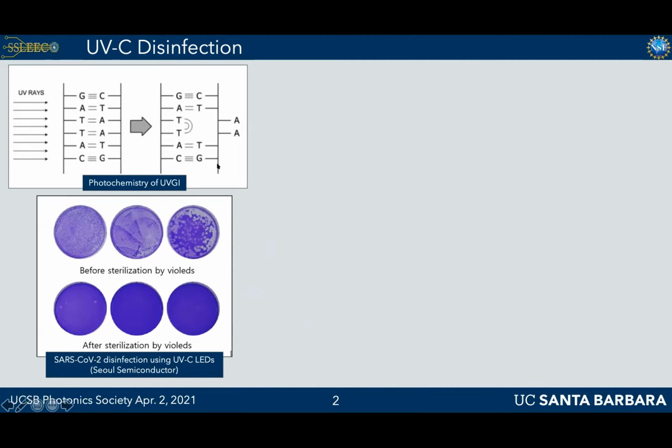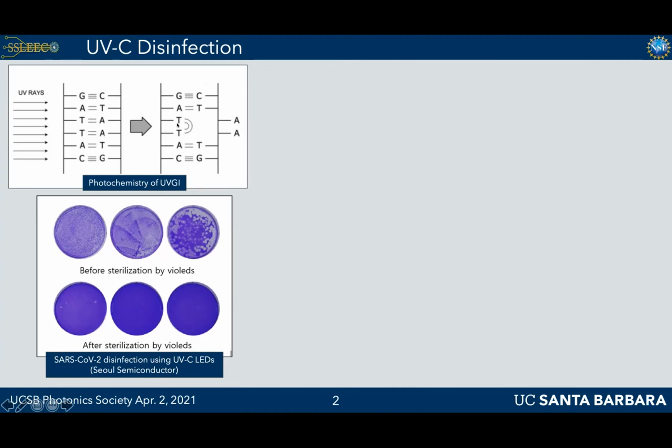The photochemistry here, I'm definitely not a chemistry person, but if you imagine a strand of DNA, in this case it's two strands of DNA. It could also be a single strand. You can just ignore the strand on the right here. Anytime you have two neighboring thymine bases and you illuminate them with UVC light, there's some probability that they will dimerize.